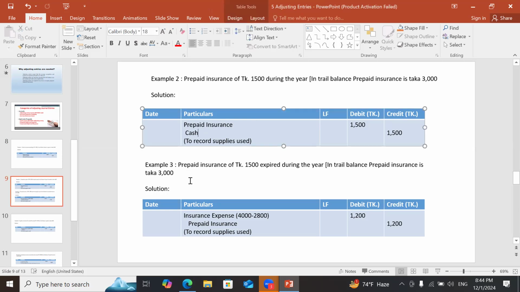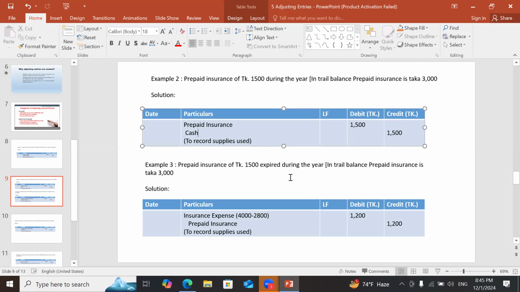Okay. Example number 3, prepaid insurance of taka 1,500 expired during the year. Expired means time is passing. But before, prepaid was not expired. In example 3, it expired during the time.